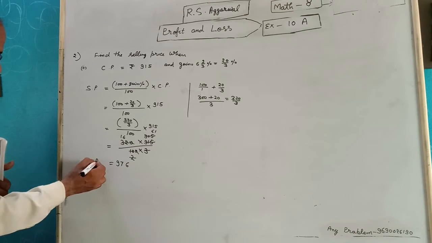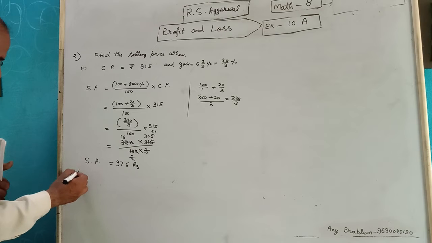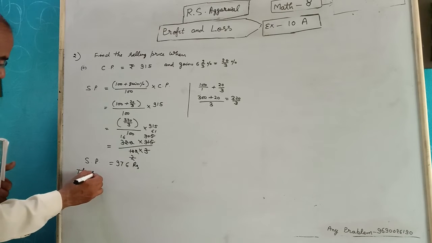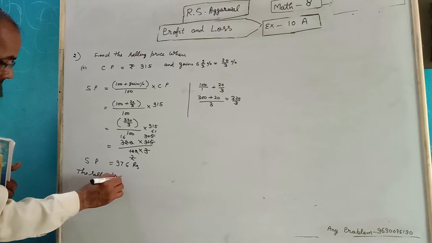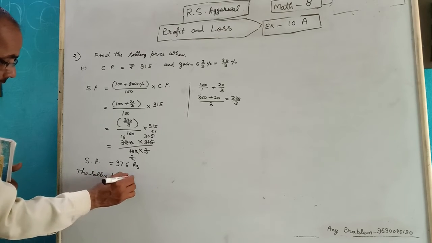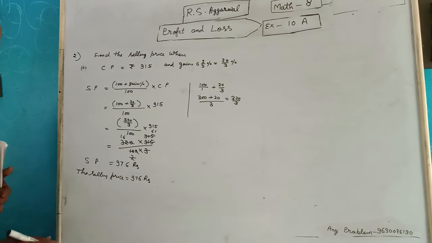SP is our 976. The selling price is 976 rupees. Second part is complete.